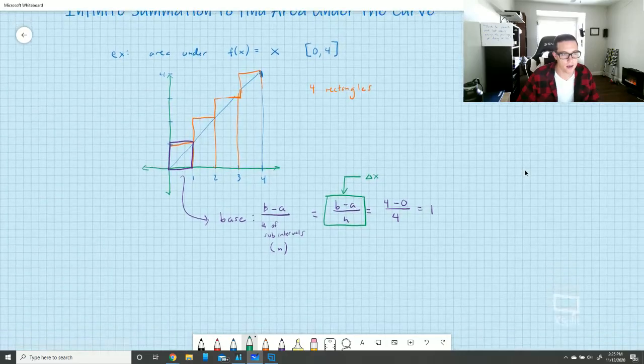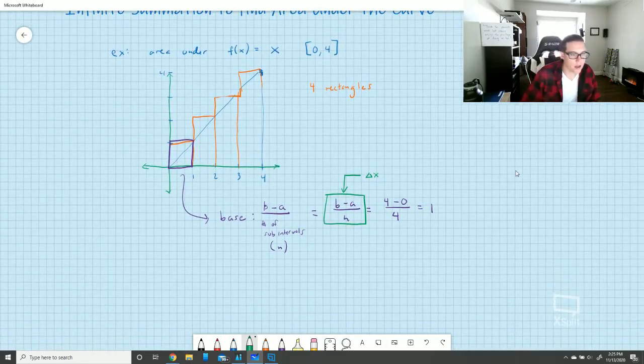Okay, the next part. I need a way to talk about each of these points, but keeping it general. So a way to think about x equals 1, you could do this, right? This is the hardest part right here. To talk about x equals 1, I could say that that point is a, where you started the interval, plus one of your base lengths.